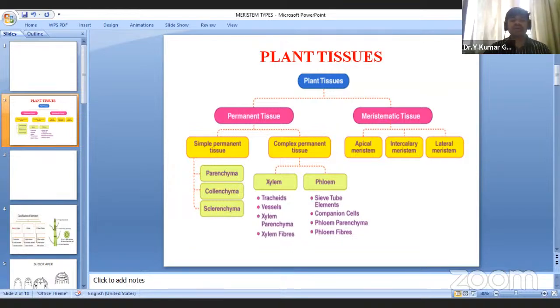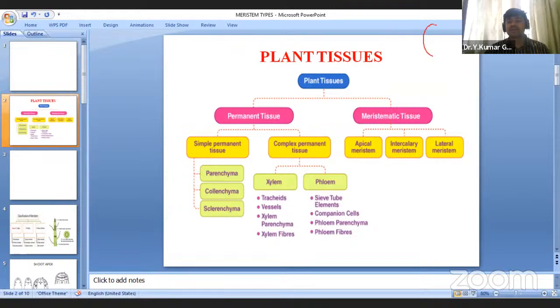Plant tissues are classified into two major types, permanent and meristematic tissue. What is the difference between them? First of all, how do they form? Meristematic cells form from the embryonic cells.